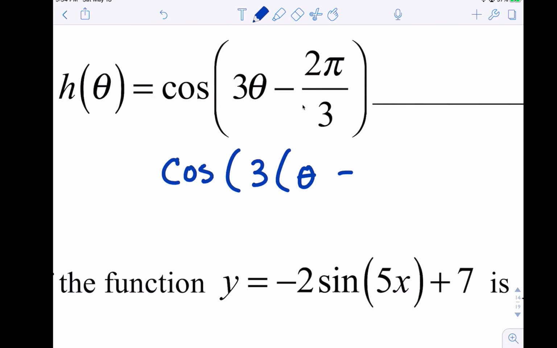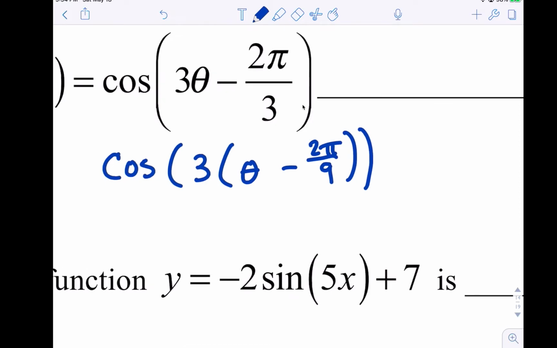Why am I blanking? Yeah, 2 pi over 3 divided by 3 is 2 pi over 9. So this one is going to move right 2 pi over 9.